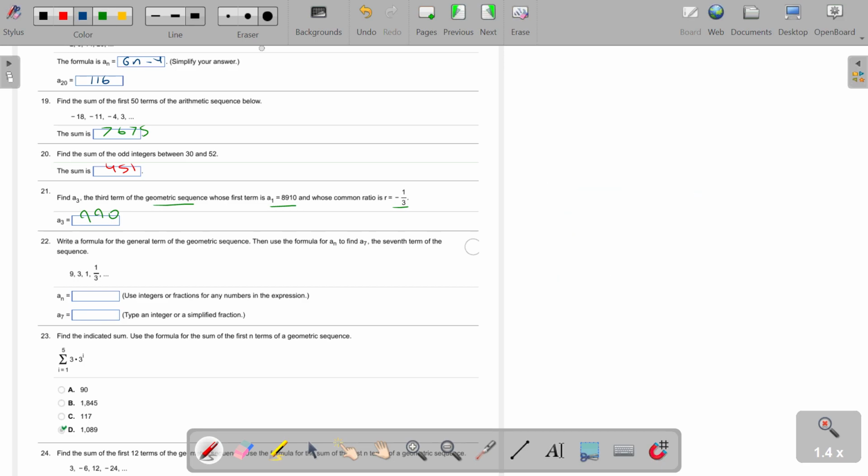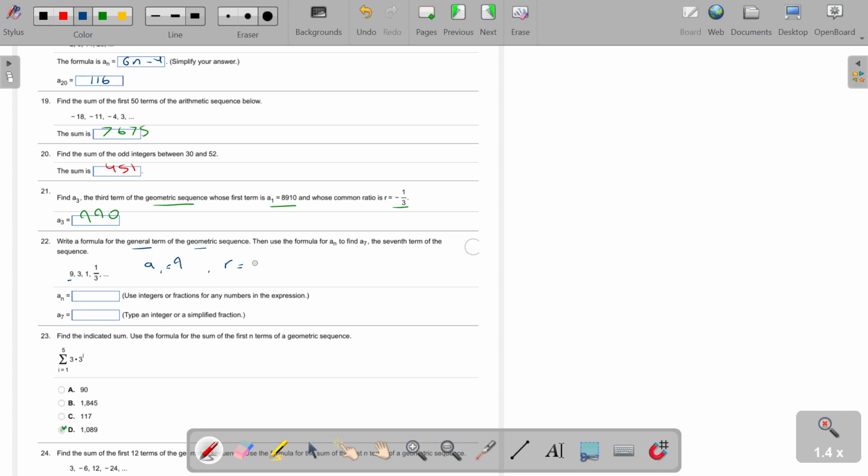Question 22 is asking us to write the formula for the general term of the geometric sequence. And then we're going to use that to find a7. So I know a1 is 9. I need to find the common ratio here.